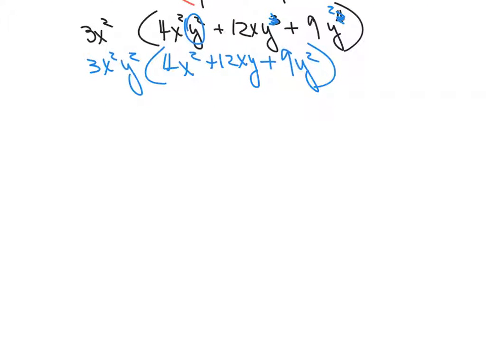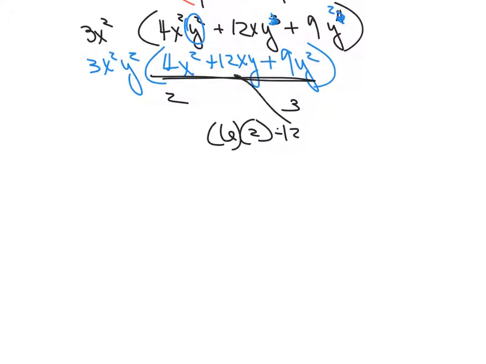Let's see, can I do anything else with that? Again, this is a lot of stuff to remember, and I don't expect you to remember this, but if you take the square root of that, which is 2, the square root of that, which is 3, multiply those two together, and double it, do I get that number?